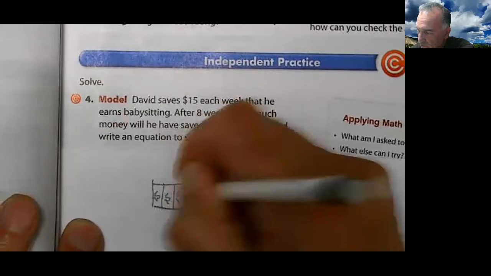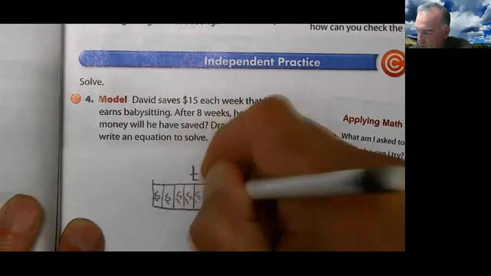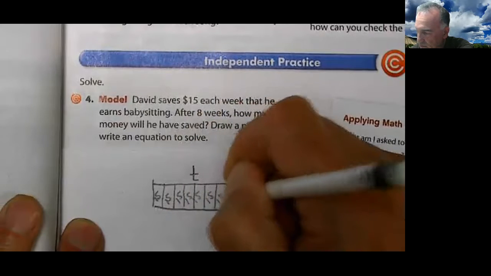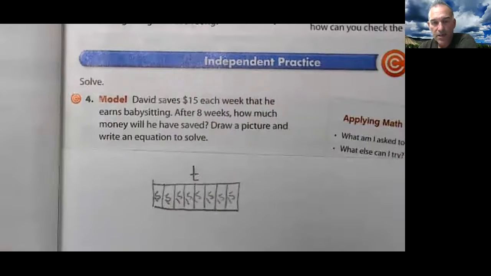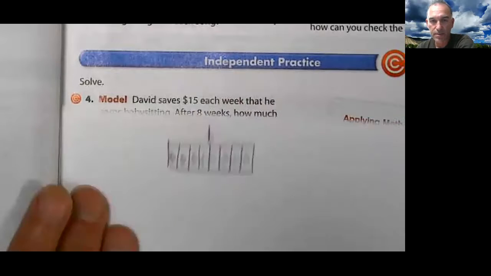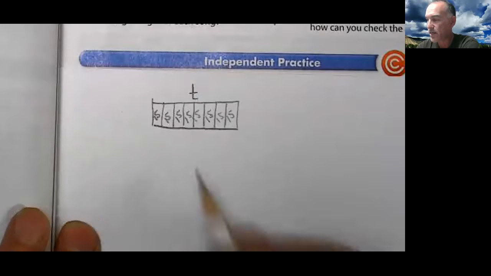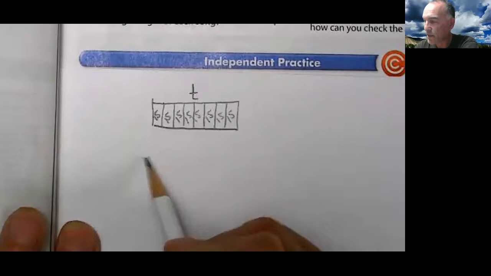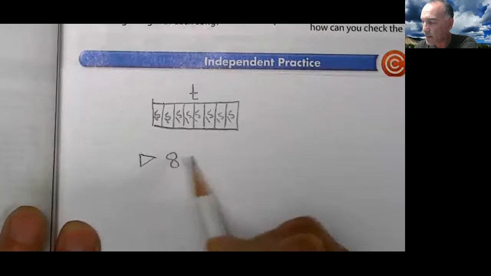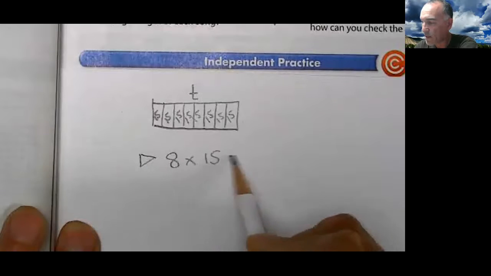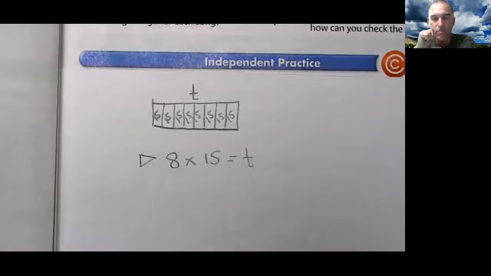I could put 15 in each one of these. I could solve this. I could do 8 times 15. Here's one way: 8 times 15 equals the total.